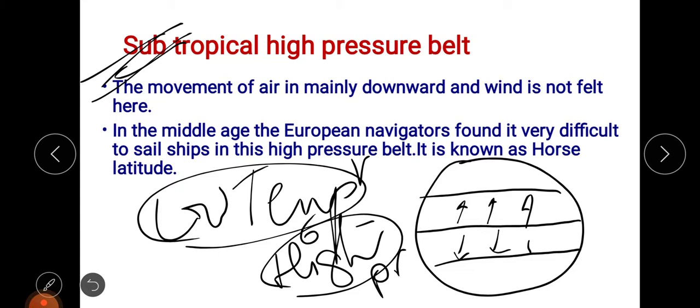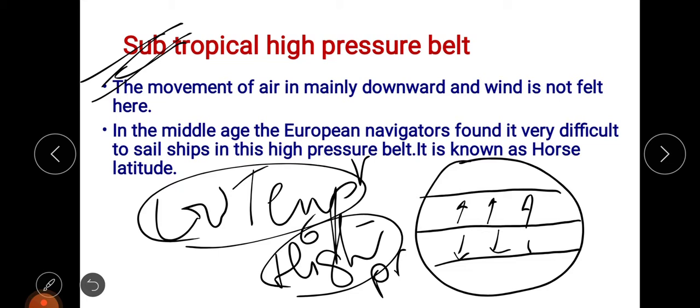Now in the Middle Ages, the European navigators found it very difficult to sail their ships or boats, because of high pressure the movement of air is very less. So because of that they could not sail their ships.